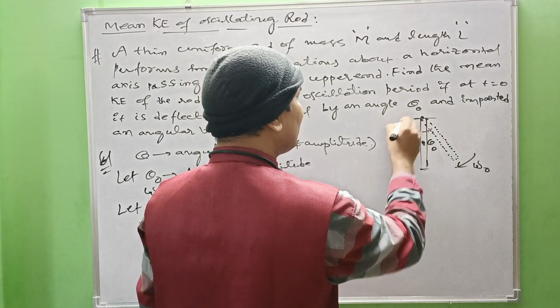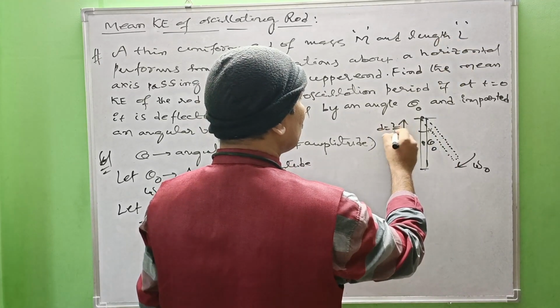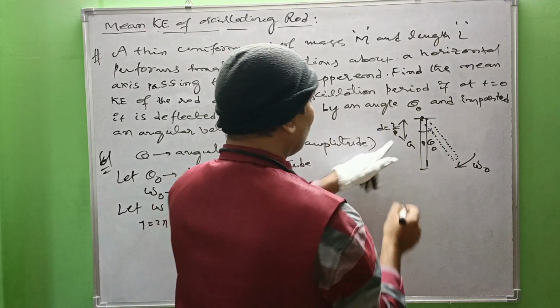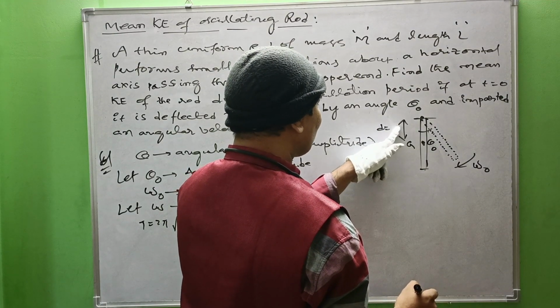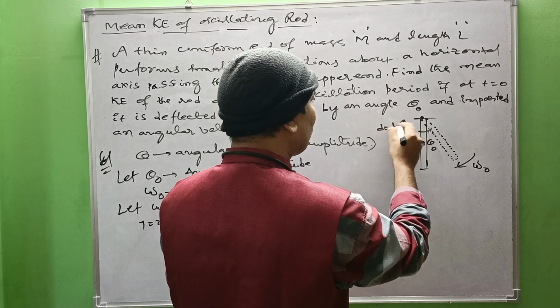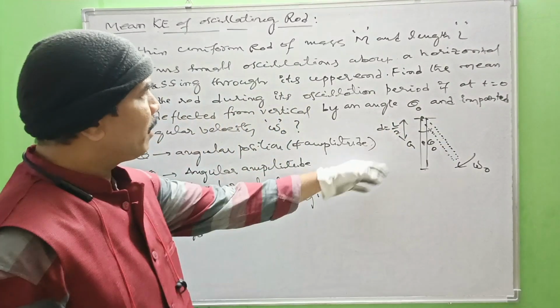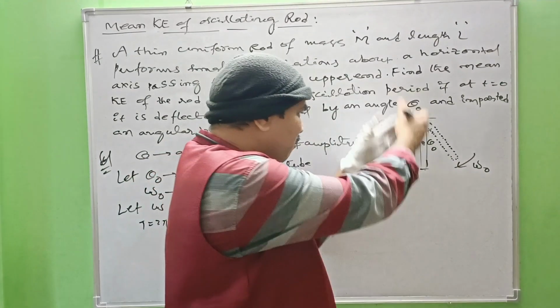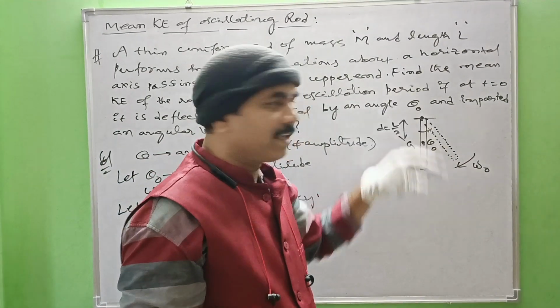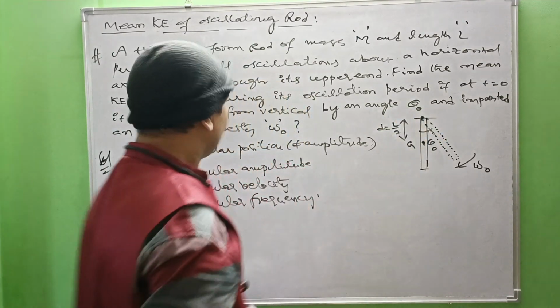Now what is d here? d equal to half of the length, that is L by 2. In case of a uniform rod, the center of mass lies at its geometric center. Therefore from one end it is equal to L by 2. So as it is a uniform rod, d equal to half of the length, the distance from the hinged point to the center of gravity.